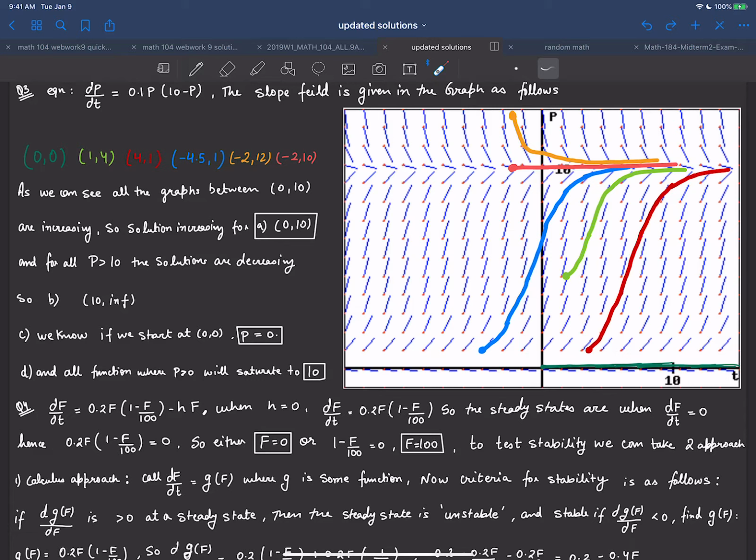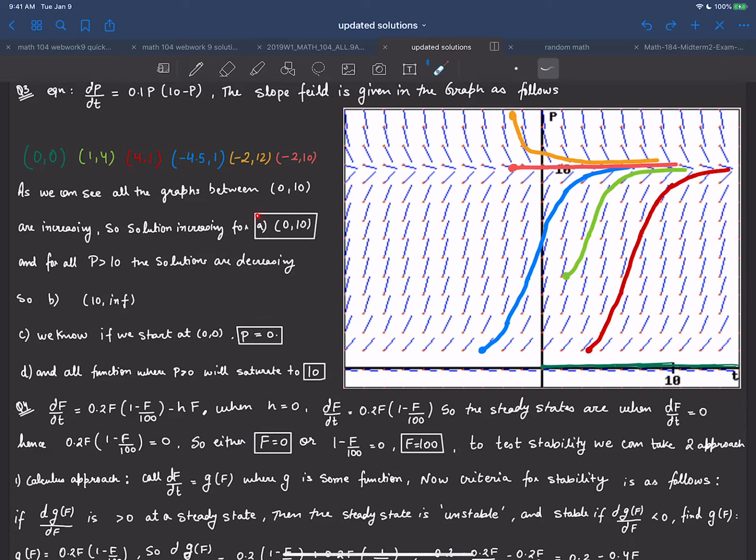So now the actual question was asking us to tell the points where the solution will be increasing and the solution will be decreasing. So as we saw, the slopes are always positive in all of these zones. So if you're in between 0 and 10 on a p level, you're always going to have positive slopes, which means your dp/dt is going to be positive, which means your solution is going to grow.